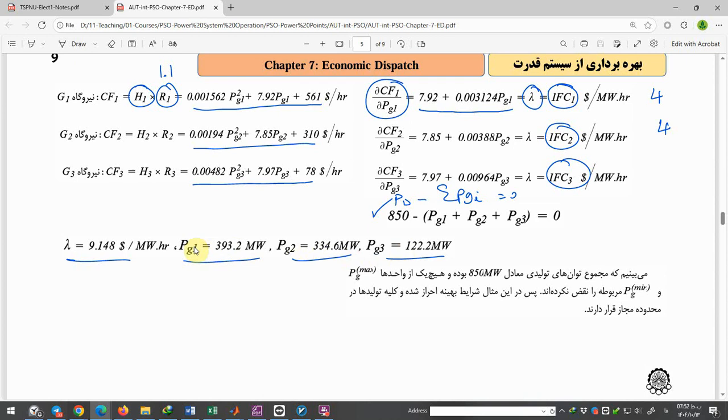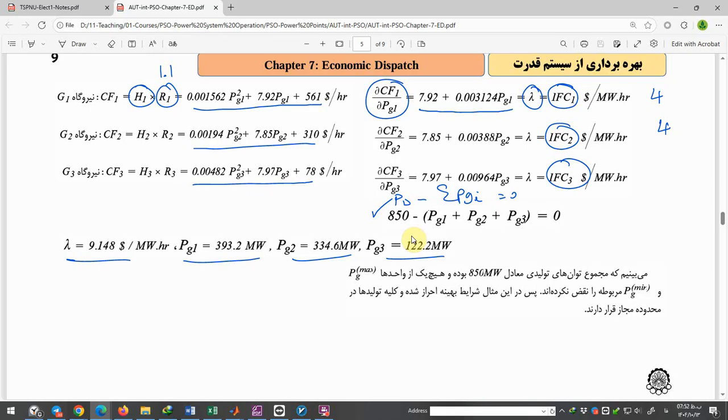If the calculated active power generated by each generator is within each generator's limitation, that calculation is okay.